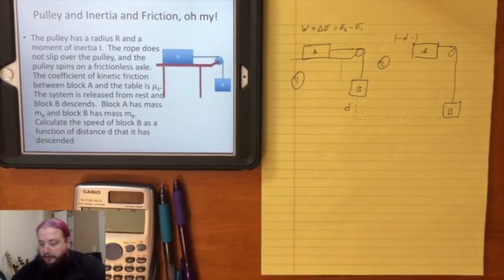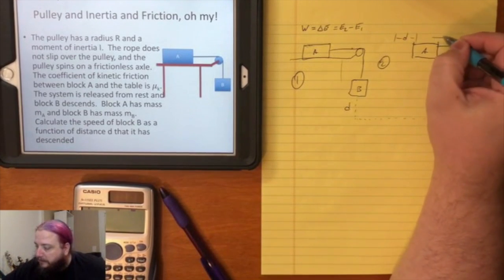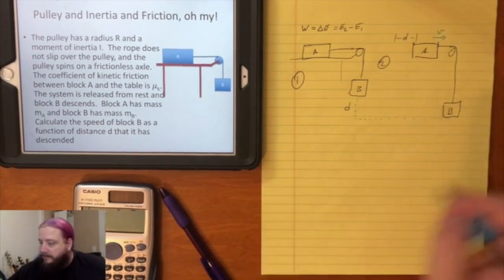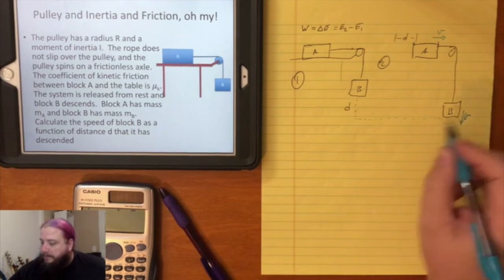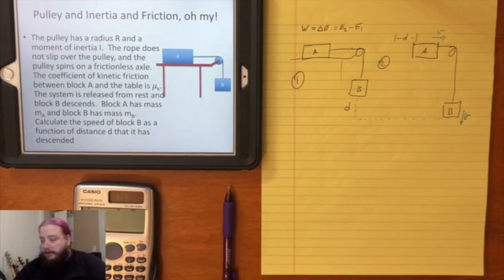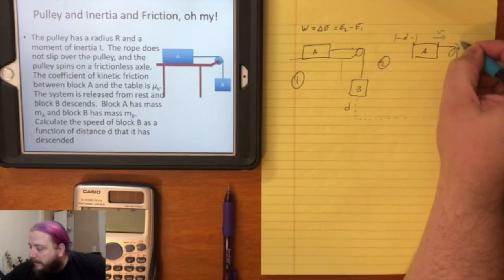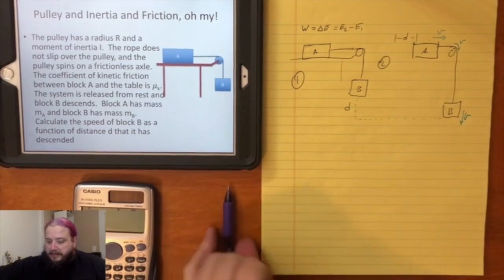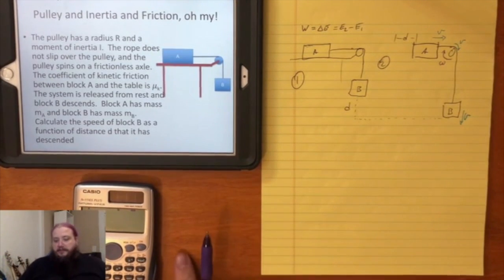But now also, box A is moving at some speed V, and box B must also be moving at that same speed V, and the rope is going around the pulley here at some speed V, and so the pulley must have an angular velocity omega that is commensurate with that speed.